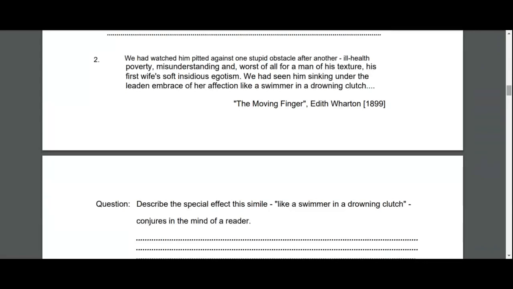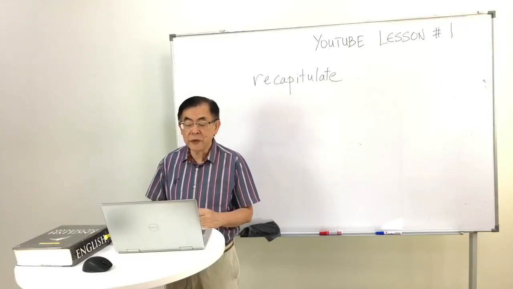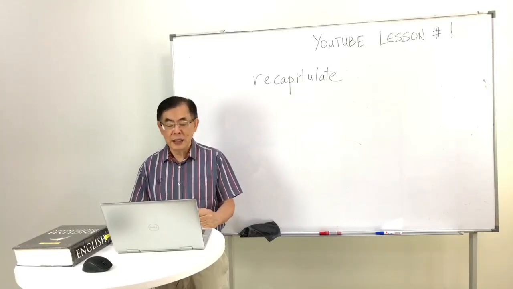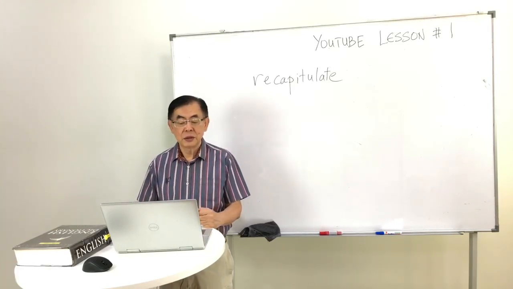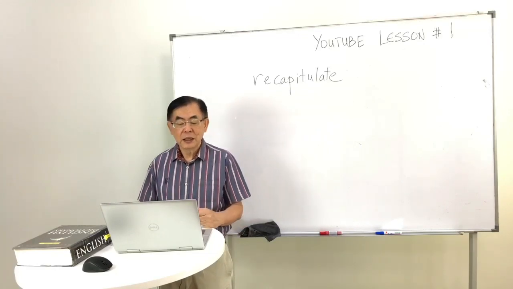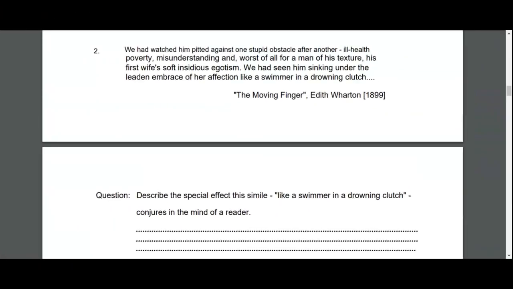All right? Now, on page 5, you see the question. Describe the special effect this simile, like a swimmer in a drowning clutch, conjures in the mind of a reader. Okay?